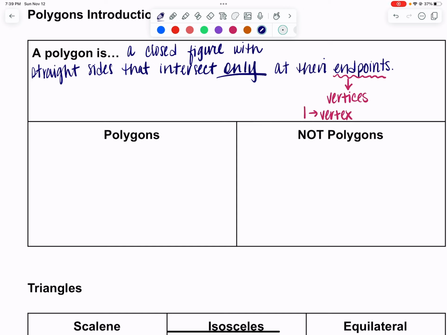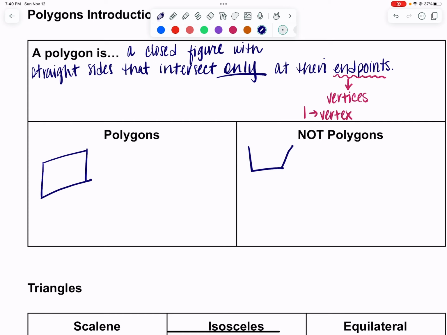So what that means is we can't have something that looks like that. That thing is wide open. If you put it out in the rain, it would fill up with water. So what else could we draw? Well, it has to have straight sides. So if we're going to close it, and it's got to have straight sides, it could look like that. Granted, it wouldn't have that little tail thingy sticking off, but that's okay.